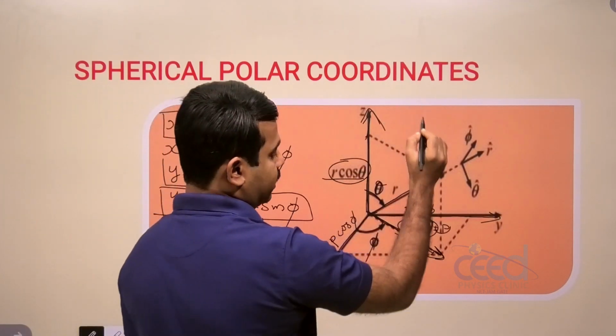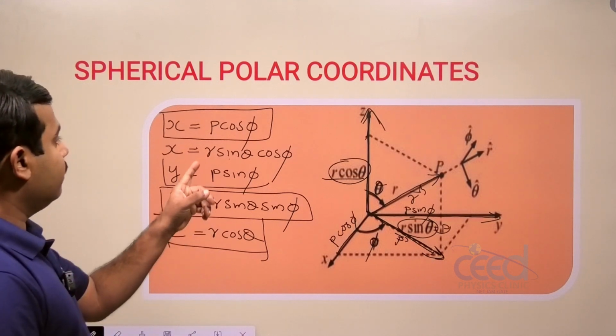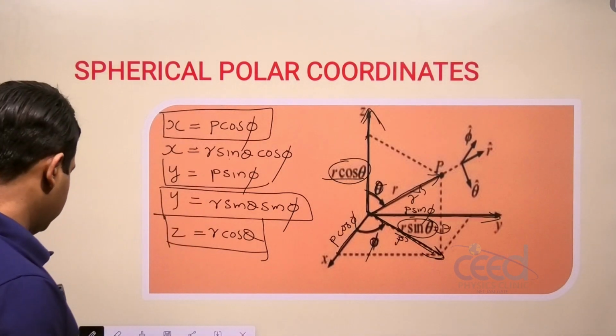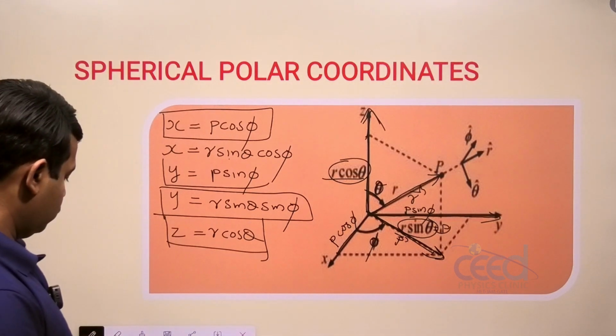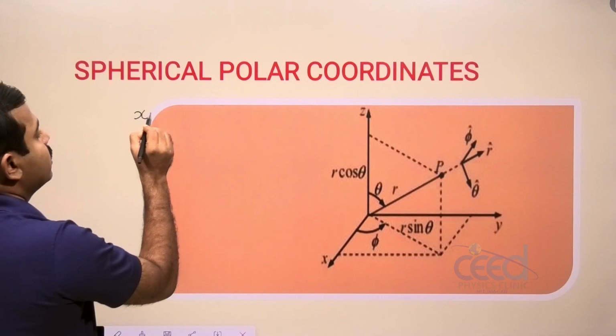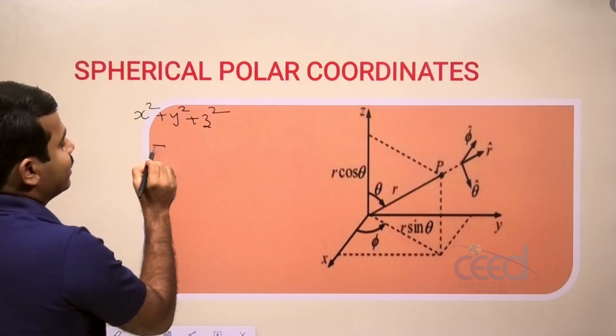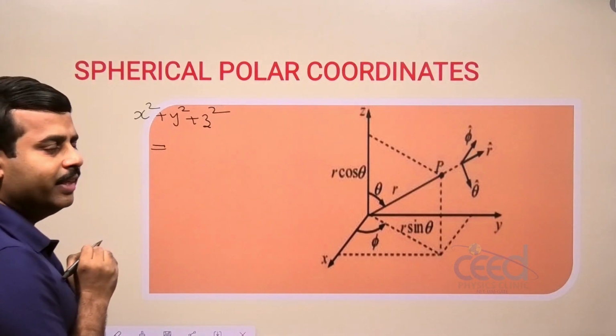So x is equal to r sin theta cos phi, right? Now let me write again. I am finding x square plus y square plus z square. X is equal to what? R sin theta cos phi.